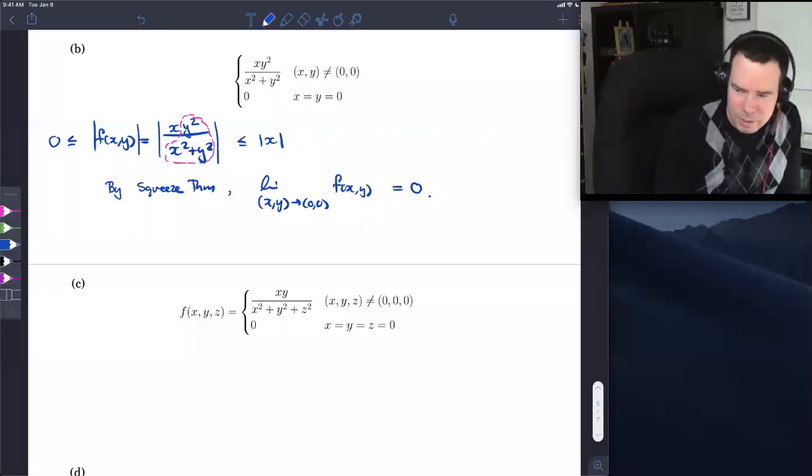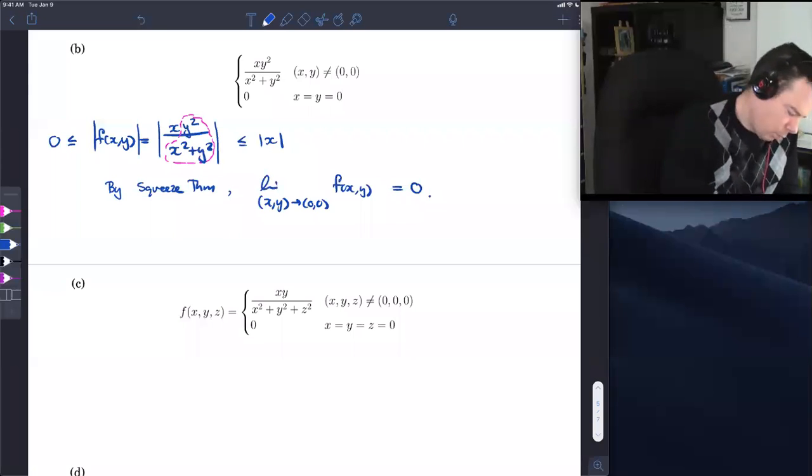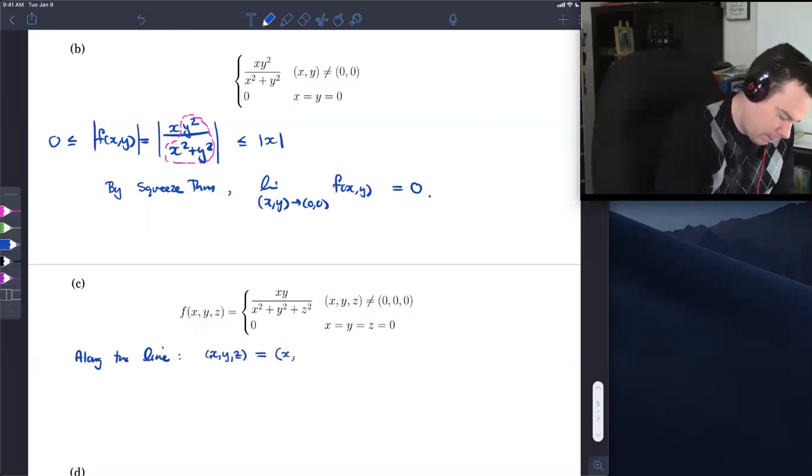In this case, we can ask what's happening along a line. Now we know how to define lines in 3 dimensions. So I will say along the line (x, y, z) is equal to (x, mx, x).